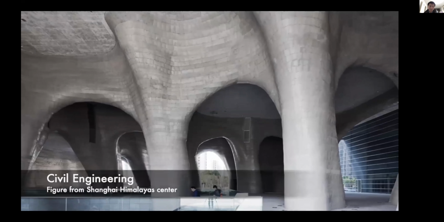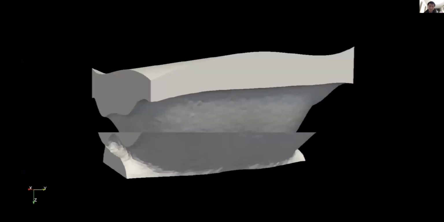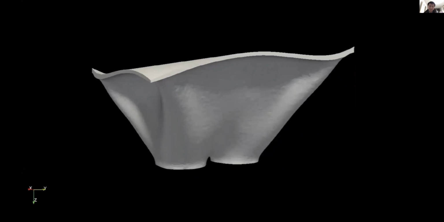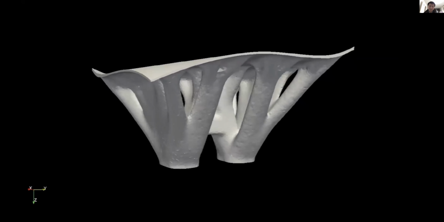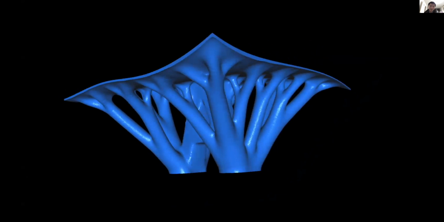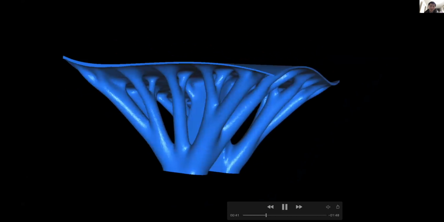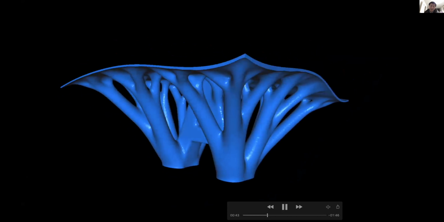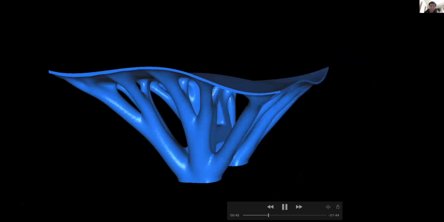Second one is architecture design. So we have a letter A in the middle as a fixed design domain, and we optimize the supporting structure of the roof.